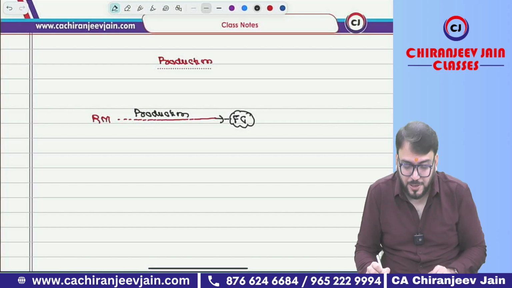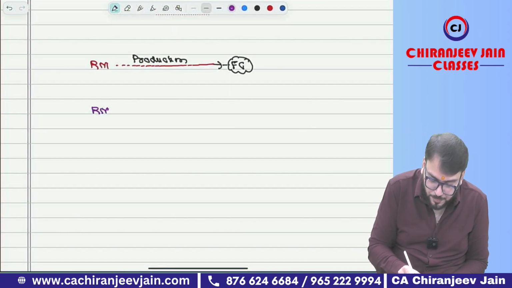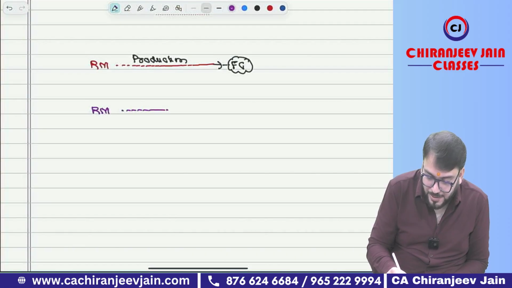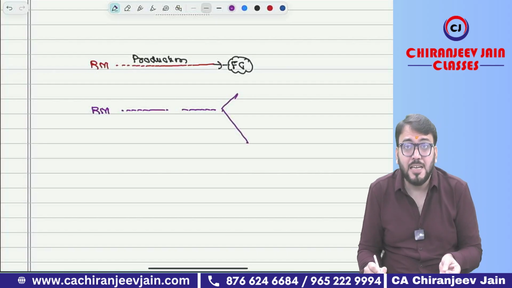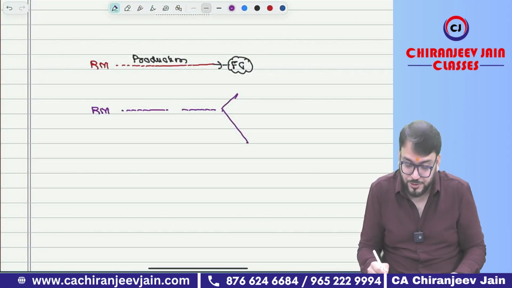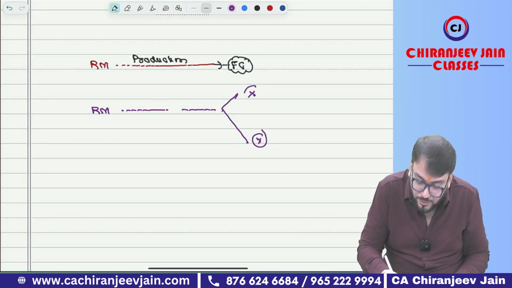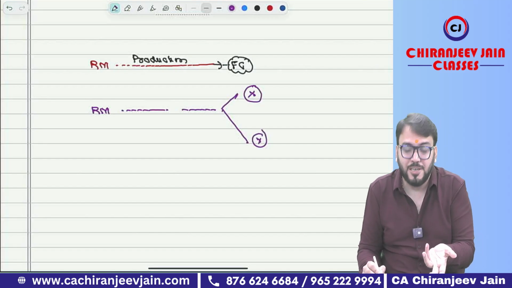But what happens in some production processes? Suppose you put one raw material, the finished goods will be more than one. Means there can be two or more than two finished goods. Suppose X and Y. So these are known as joint product.